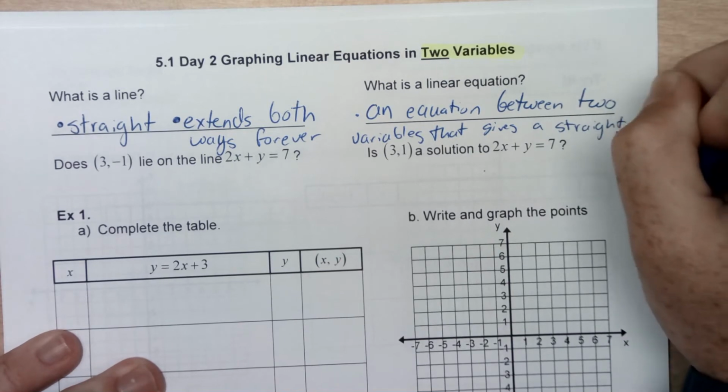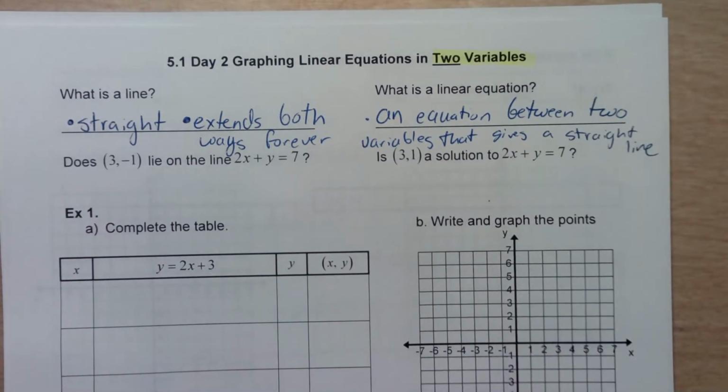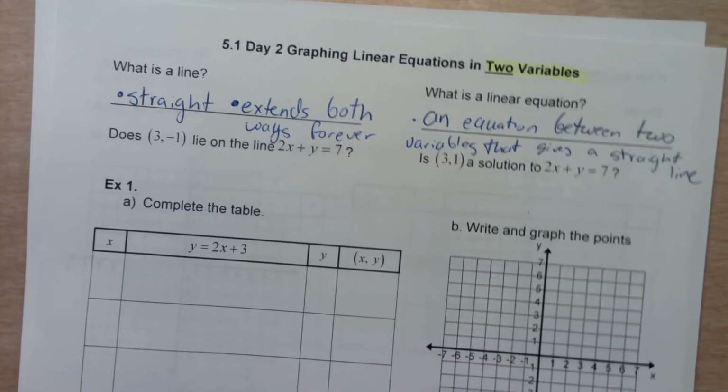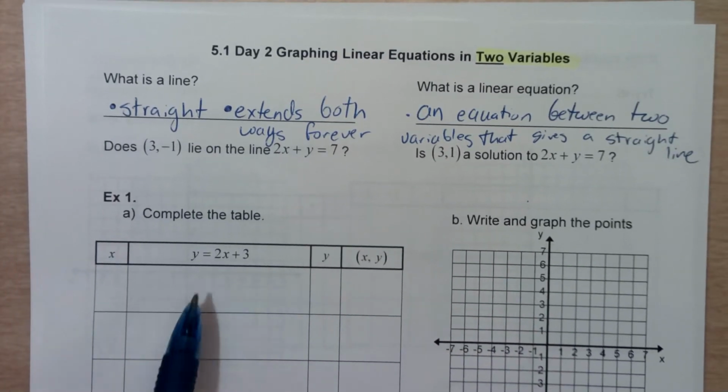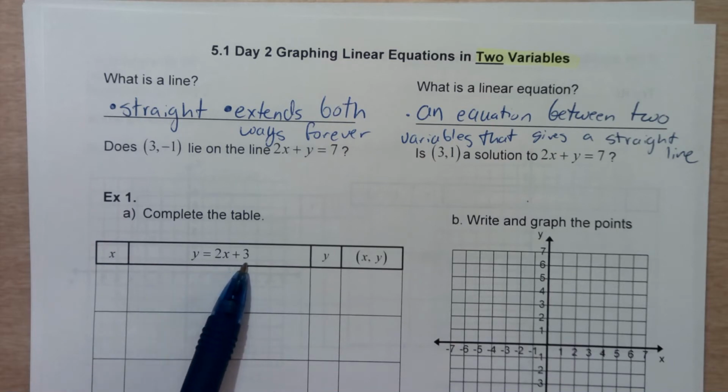All right, so we have our definitions written down now. We know what a linear equation is. If we put this into a calculator, it would be a graph. We can graph that, and it'll give us a straight line.